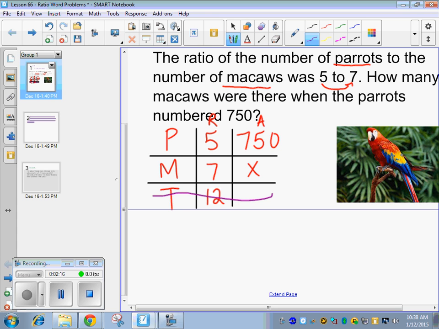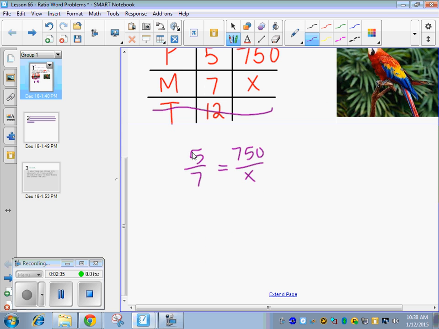And then remember, this is actually a fraction here, and we can cross multiply. So I'm going to show you the fractions, but if you want to cross multiply, you can. What this means is that 5 over 7 has to be equal to 750 over x. And then we cross multiply, so 5 times x is 5x.